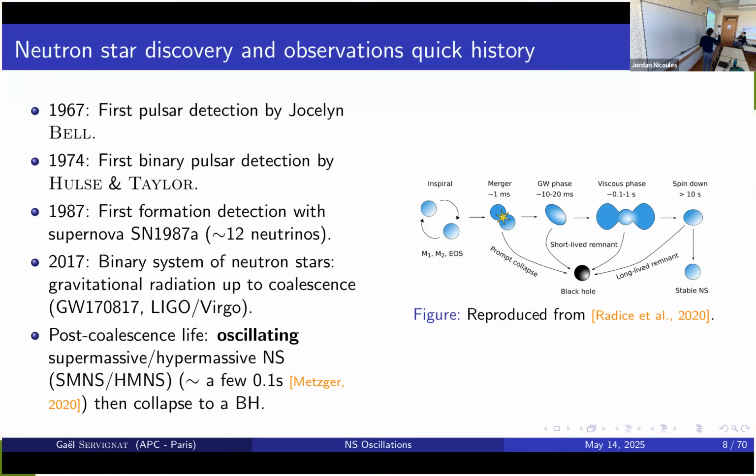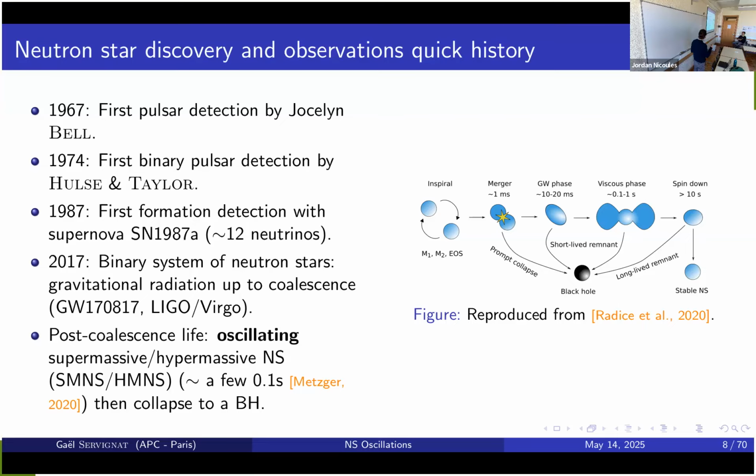So I have put a bunch of milestones. The first neutron star was detected in the 60s by Jocelyn Bell. You might know the story that they first thought maybe this is some extraterrestrial message, but of course it was astrophysical. And then you know the story that the PhD advisor of Jocelyn Bell was awarded the Nobel Prize, but not her, which can trigger some discussion. There is the binary pulsar by Hulse and Taylor.